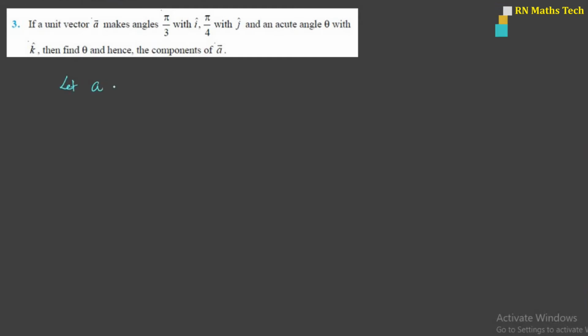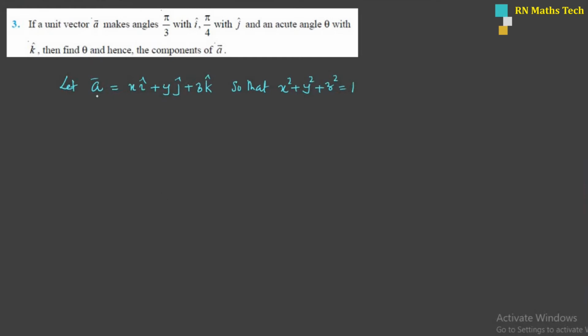Let A bar equal to xi plus yj plus zk, so that since it is a unit vector, x square plus y square plus z square is equal to 1.